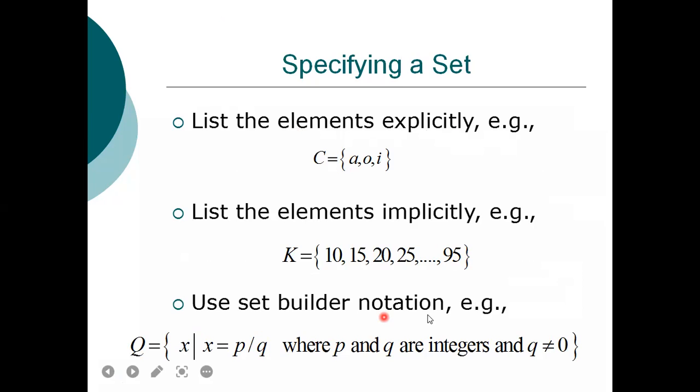Or use set builder notation, for example, Q equals {x such that x equals p/q}, that means rational, where p and q are integers, but q does not equal 0. So this is the example of specifying a set.